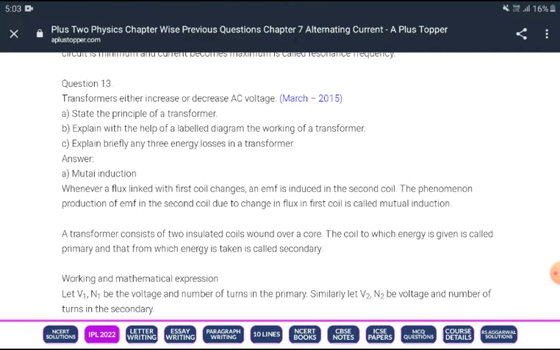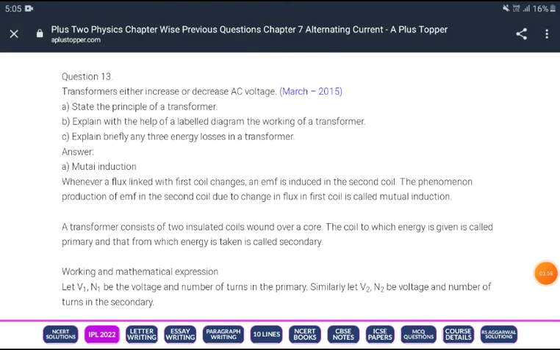Whenever the flux linked with the first coil changes, an EMF is induced in the second coil. The phenomenon of production of EMF in the second coil due to the change in flux in the first coil is called mutual induction.